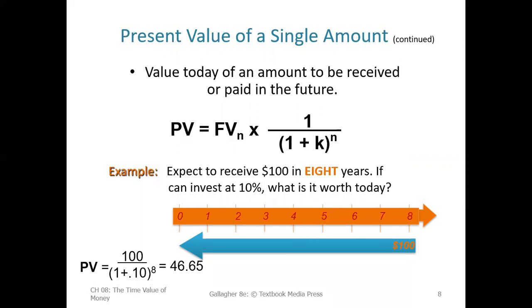The questions we have so far are present value and future value of a single amount. A single amount means that the payment only occurs once. So we can do this type of question easily.